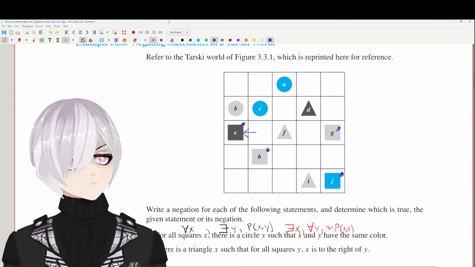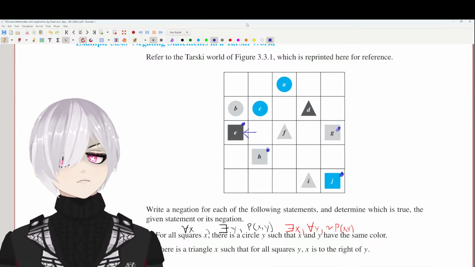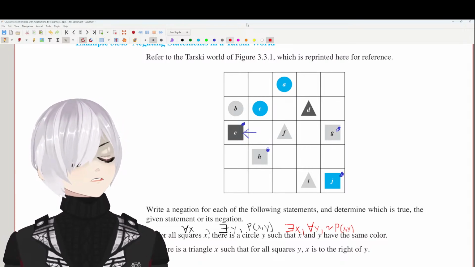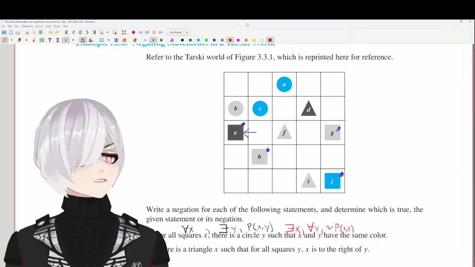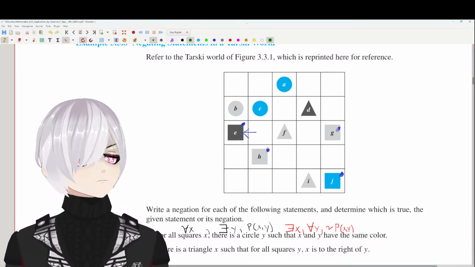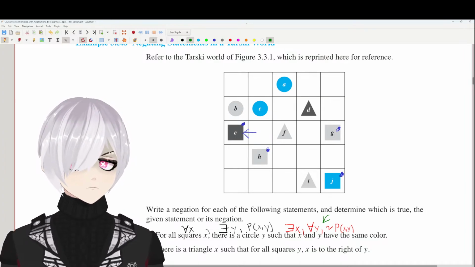I wonder if the given statement and its negation are always exact opposites. There's no case in which they're both true or both false. I guess if you have a statement and its negation, one of them has to be true.